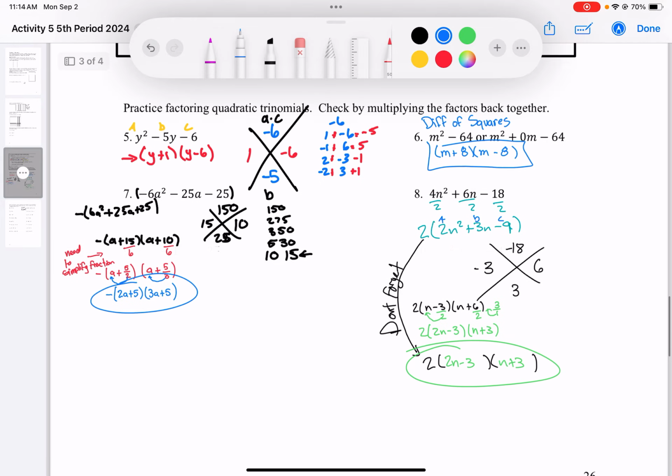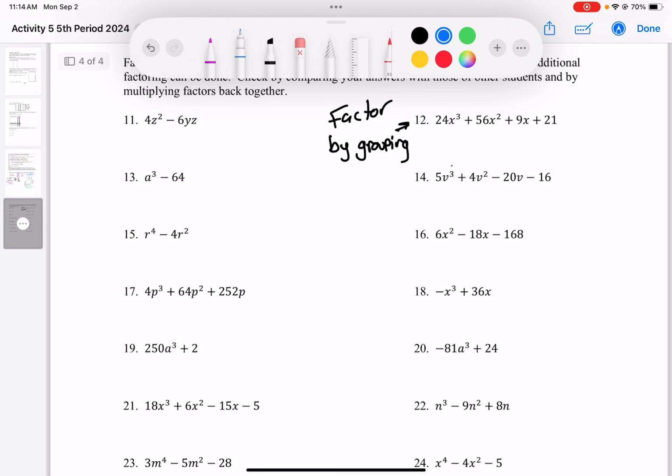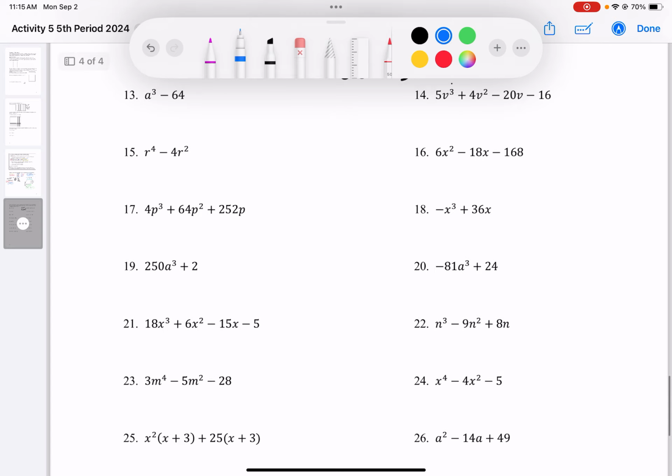Okay. All right. So let's do a factor by grouping. And I am going to get rid of the one below it. And there's another factor by grouping, so I'll get rid of a couple. I don't want to do that one. I can do the one. Oh, God, it didn't change.